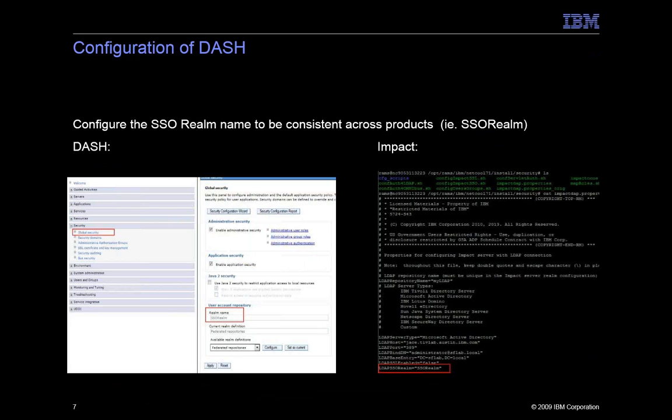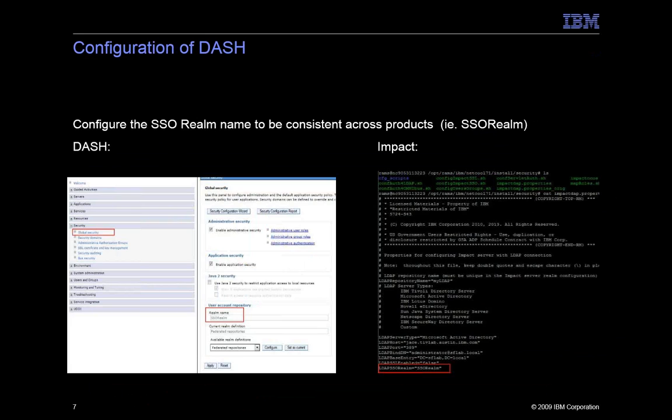This needs to be the same, and this is configured when you do the LDAP configuration. When you do the LDAP configuration, your realm name for the Dash, which is on the left side, is SSO Realm. I did the same thing when I configured my Impact. Where do I see that configuration in Impact?